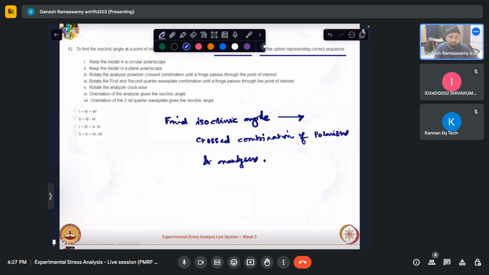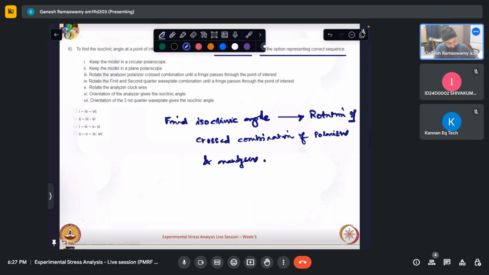This needs to be imparted with a rotation of crossed combination of polarizer and analyzer. This is how we find an isoclinic angle at a point. For isochromatic, or rather for a fringe order that comes from isochromatic data, in addition to this step, we need to go for compensation.